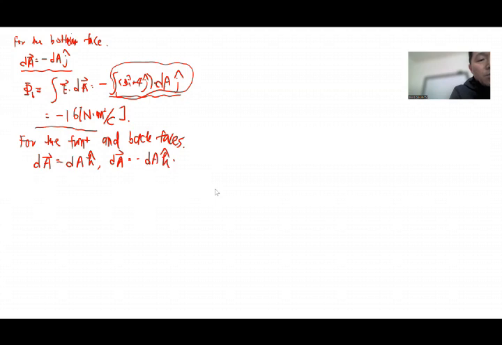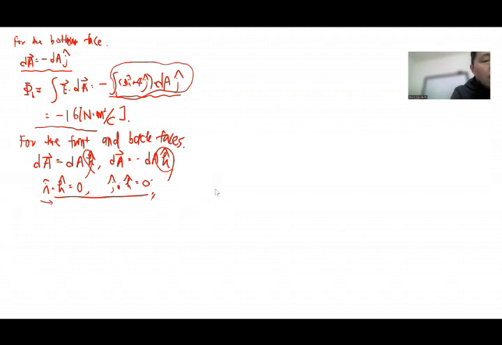But as you know, the dot product of two perpendicular vectors is equal to 0. So the flux through those two faces, from the electric field and area vector dot products, must be 0.